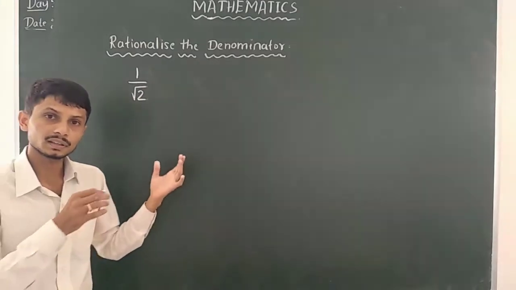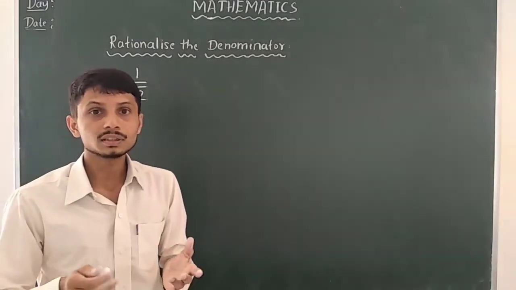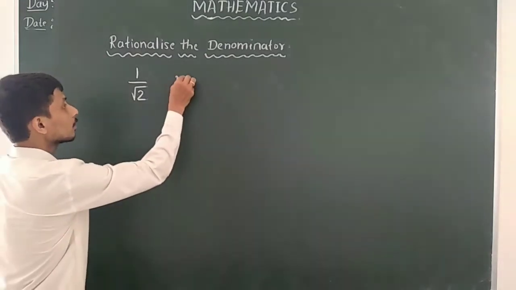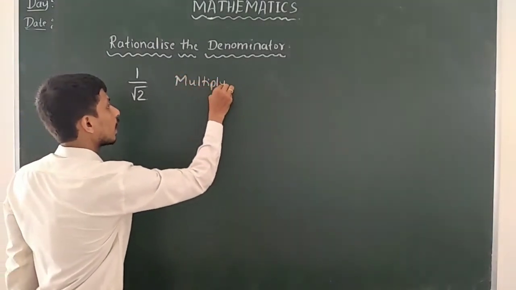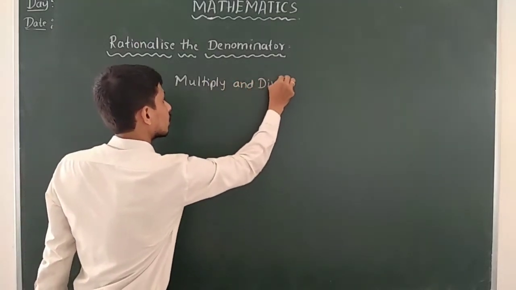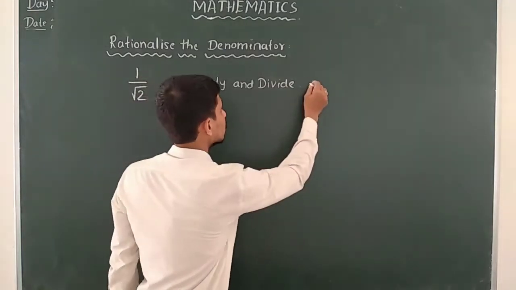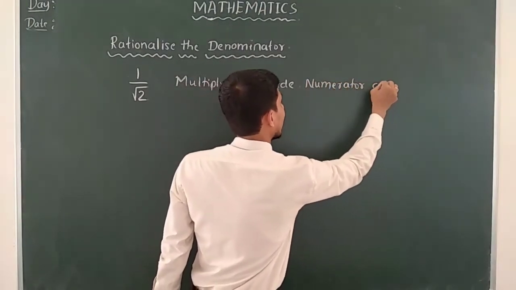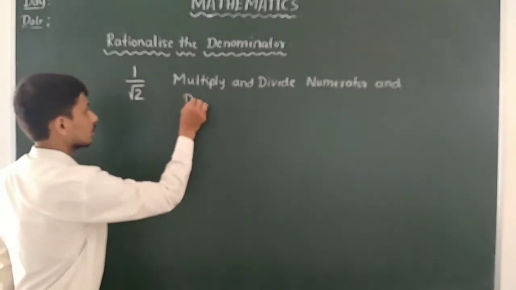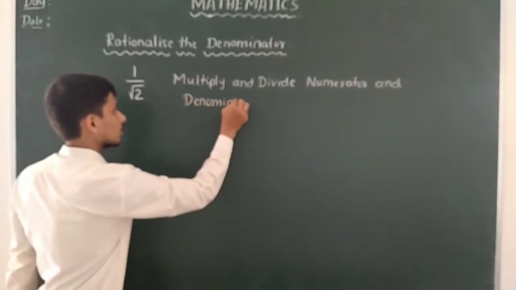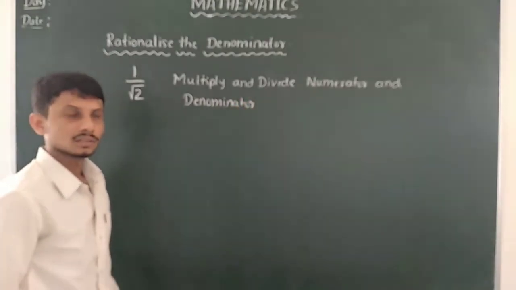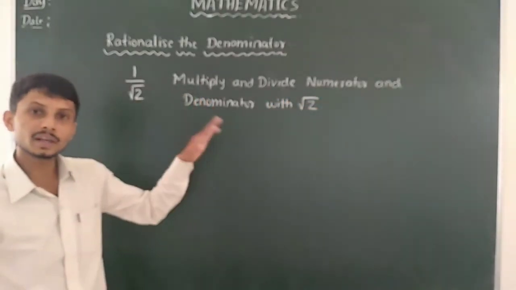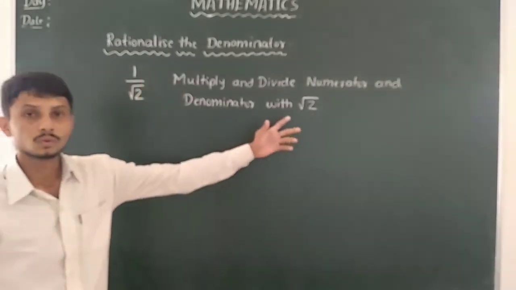Then the value of the number is not disturbed, and after that the denominator is rationalized. So multiply and divide the numerator and the denominator with root 2 here.